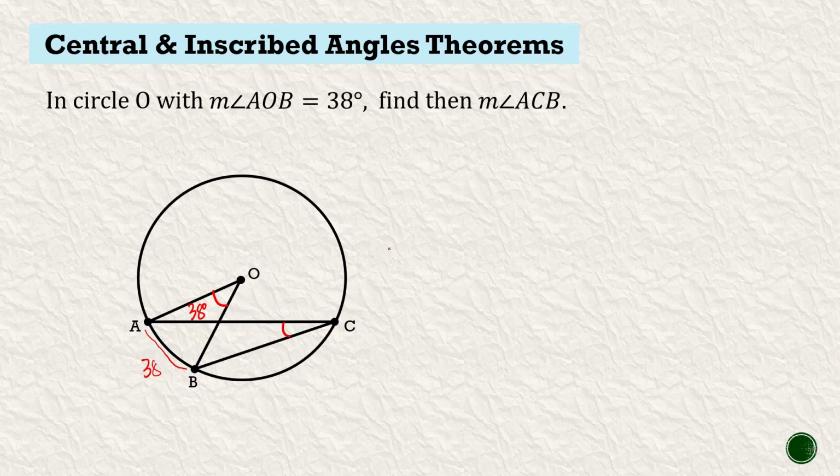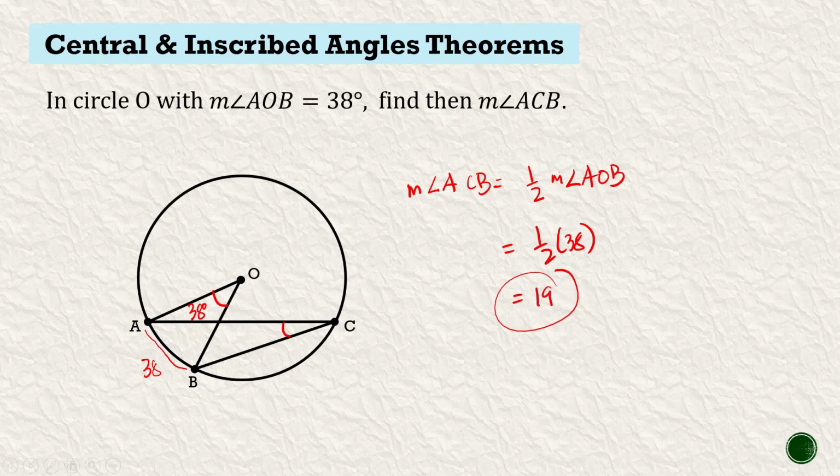So the measurement of angle ACB is equal to half the measurement of angle AOB, so 1/2 of 38, which is equivalent to 19 degrees.